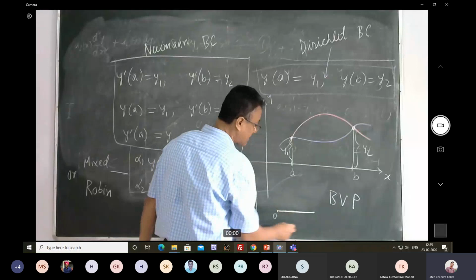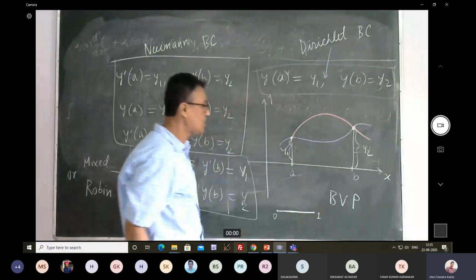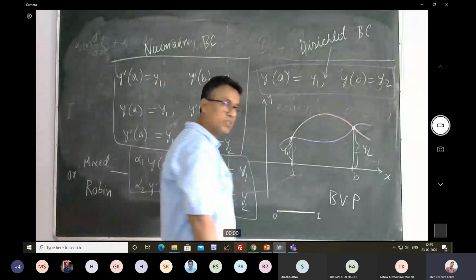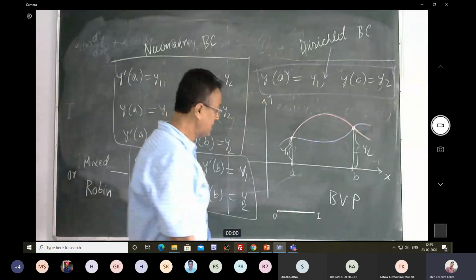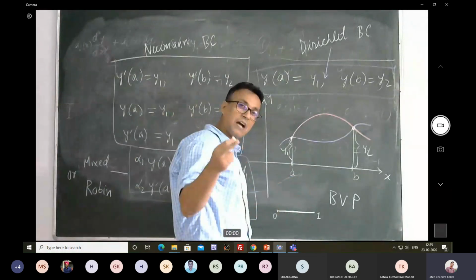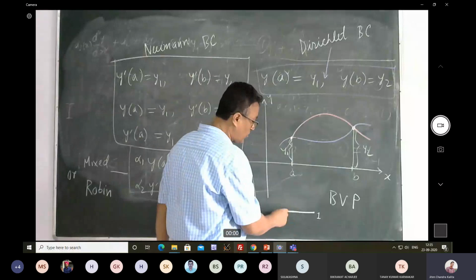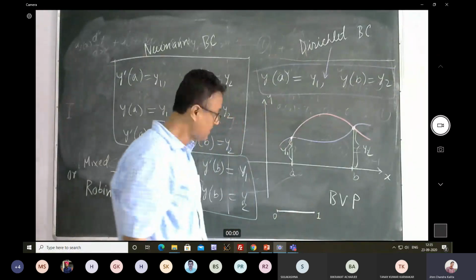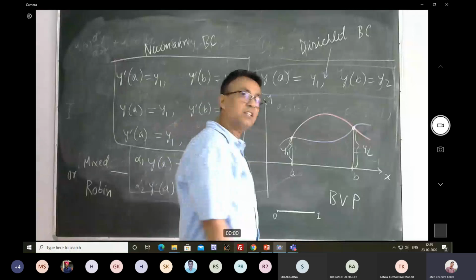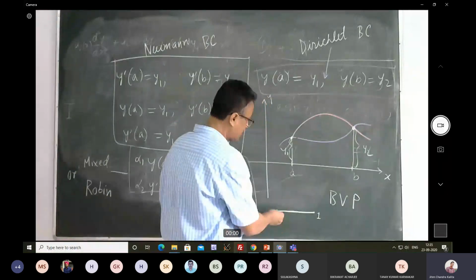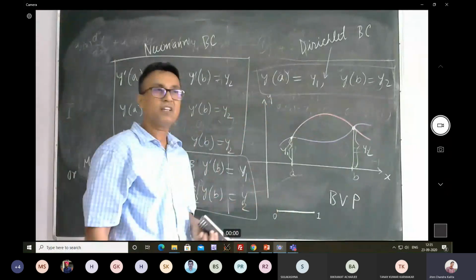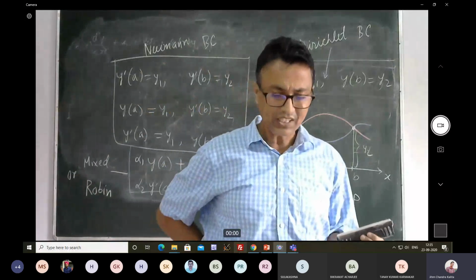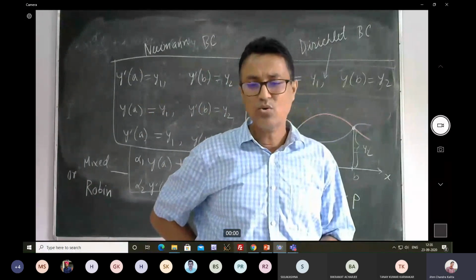Say I am taking an iron bar of length 1, and suppose I have a differential equation by solving which I am able to know the temperature distribution along this rod.